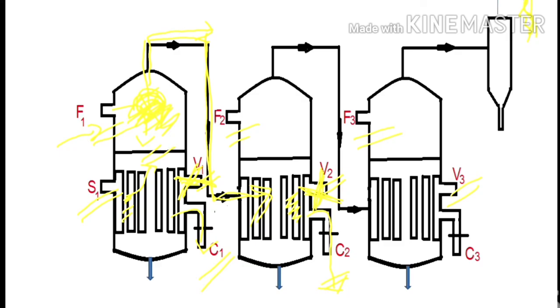The process continues until the liquid in all three evaporators reaches the desired viscosity. After that, we can remove the product through the product outlet, which is present at the bottom of the evaporators. So this is the working procedure involved in a triple effect evaporator.